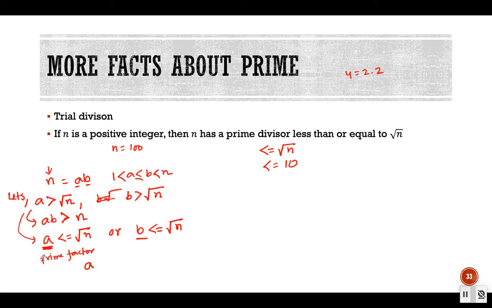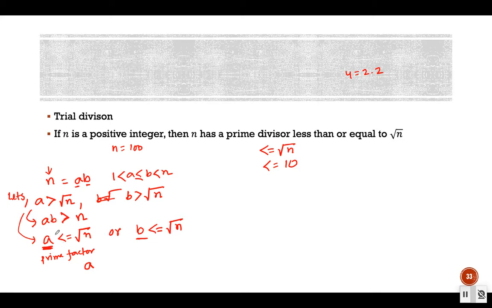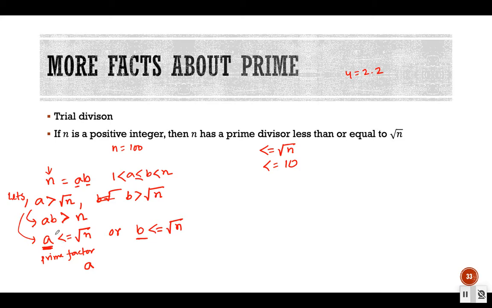Now let's see, if neither a nor b is a prime number, based on our previous theorem, any number can be represented as a product of prime numbers. So if a is not a prime number, we can represent it as a product of some primes.